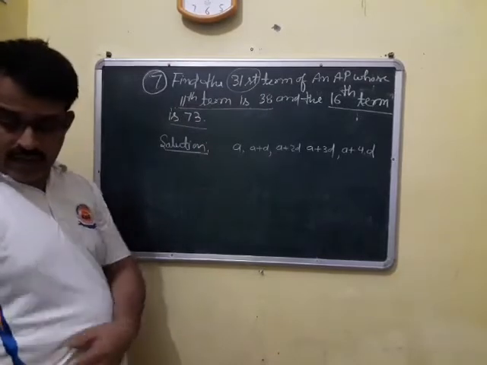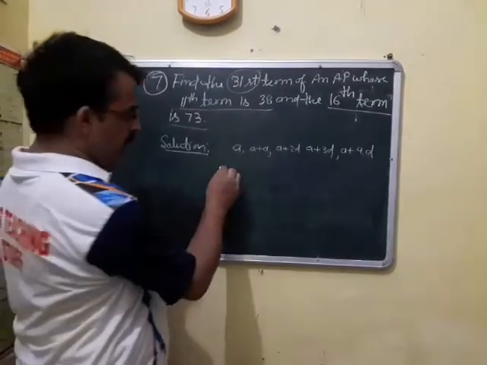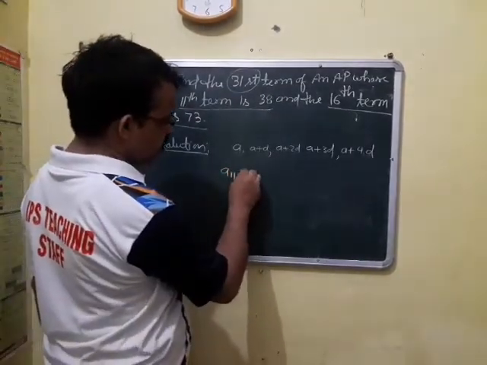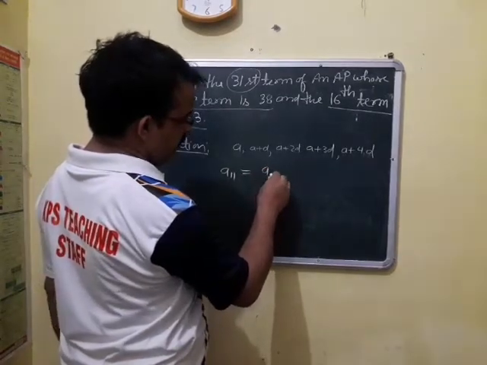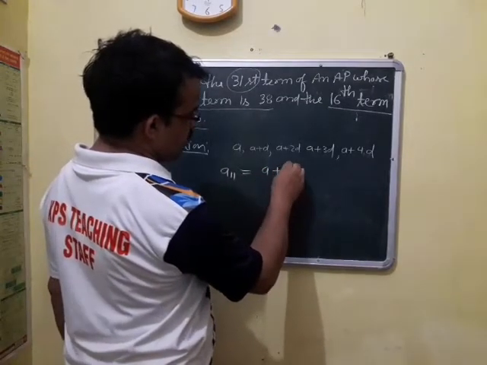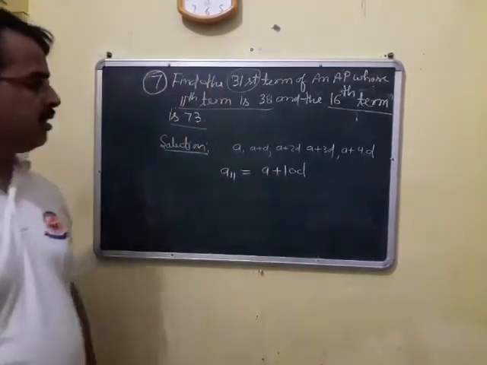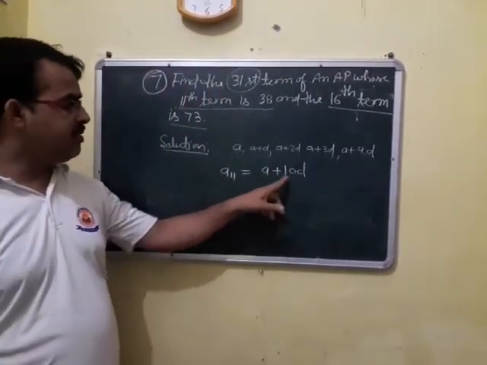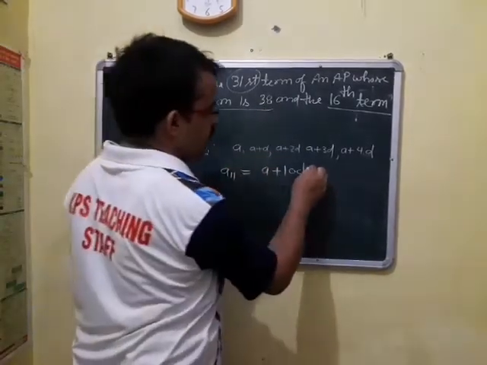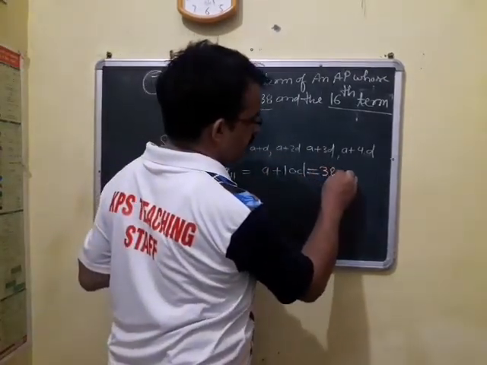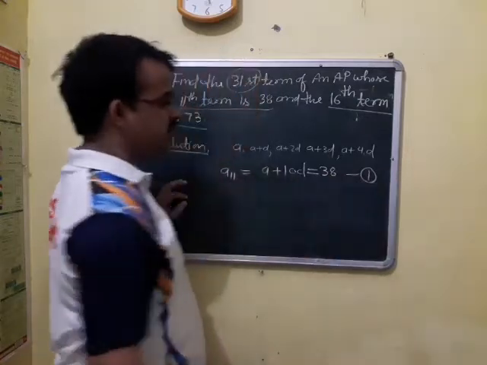The 11th term is a plus 10d, and this is given as 38. This is equation first.